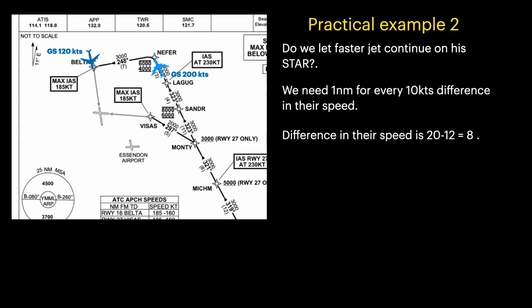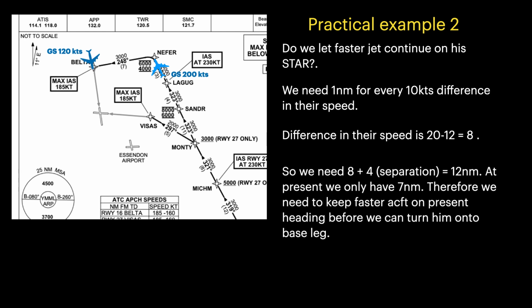So we have 8. We need 8 nautical miles, plus you have to add your separation of 4 nautical miles. So we need a total of 12 nautical miles that the second aircraft, the guy at NEFA, needs to be from the guy at Belter. As you can see from the chart, he's only 7 nautical miles.